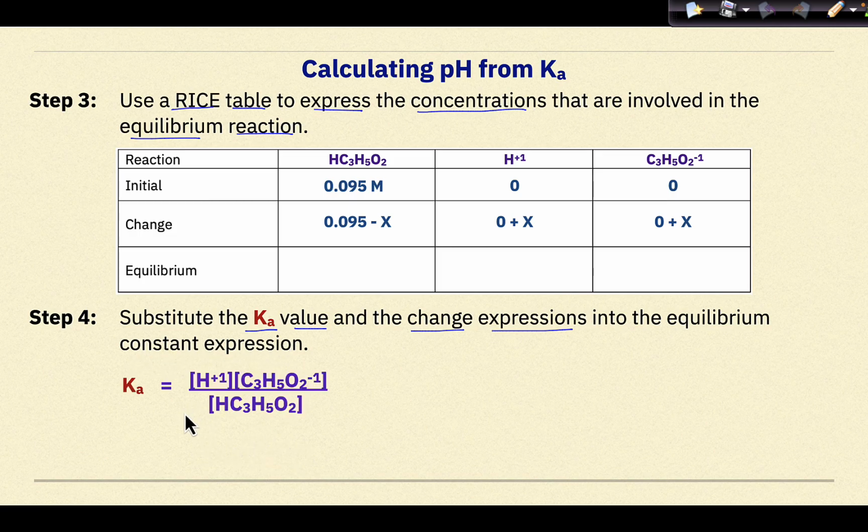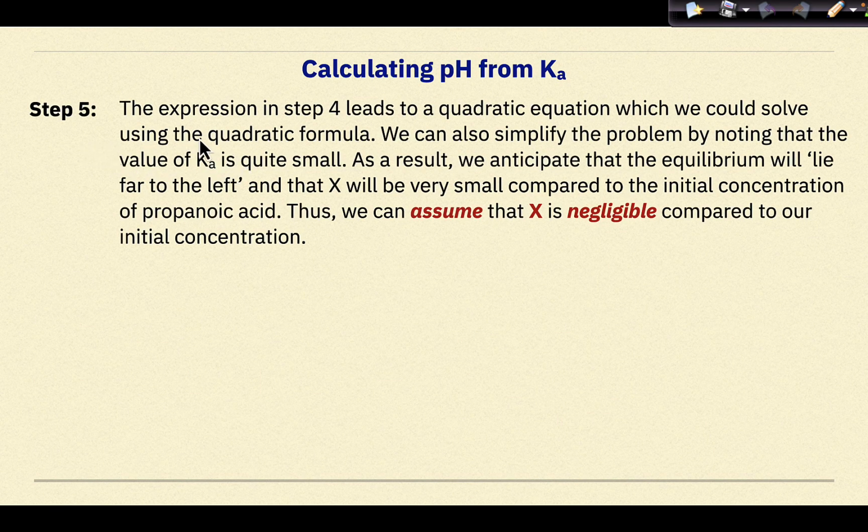So we're going to write Ka is equal to the hydrogen ion concentration times the propanoate ion concentration divided by our concentration of propanoic acid. We're going to plug in our values. So Ka is equal to 1.3 times 10 to the negative 5. That's going to equal x times x divided by 0.095 minus x.